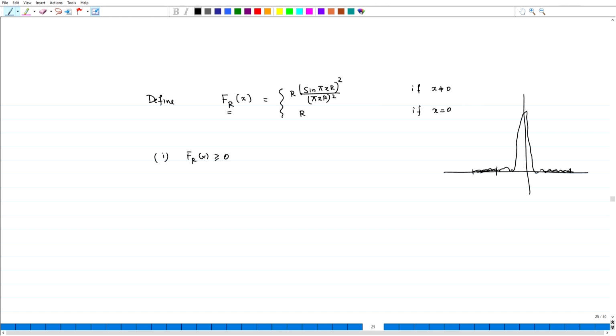Now, we would like to see what is the integral of F_r of x dx.